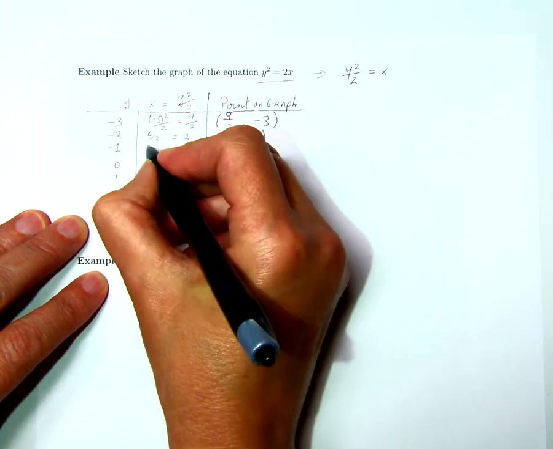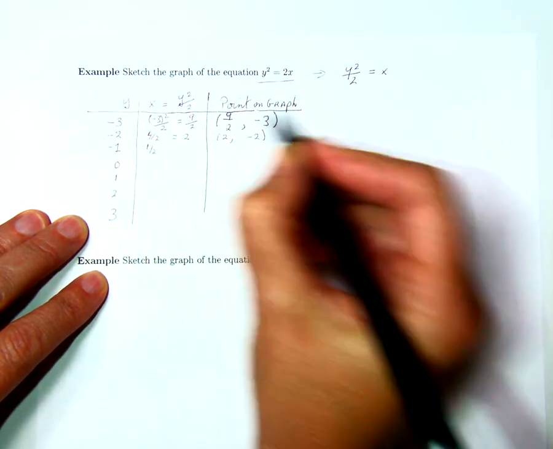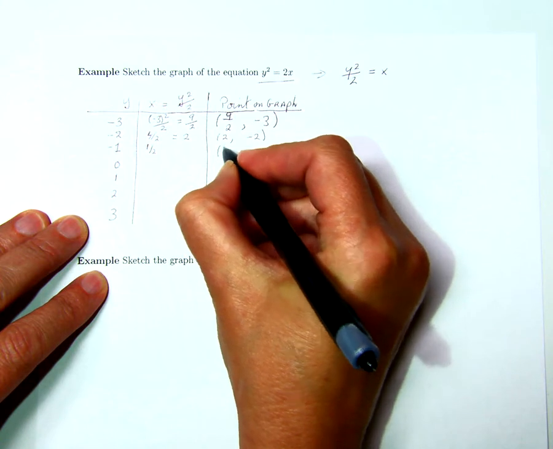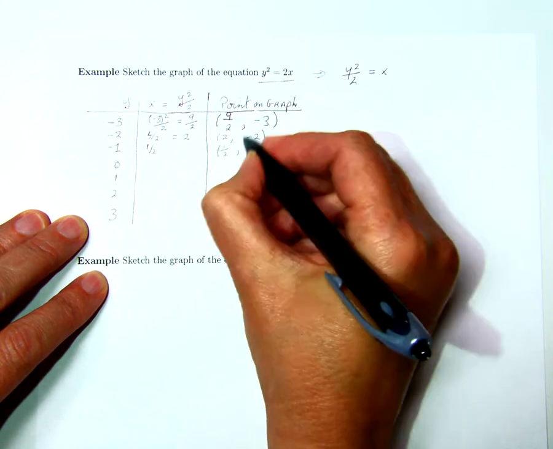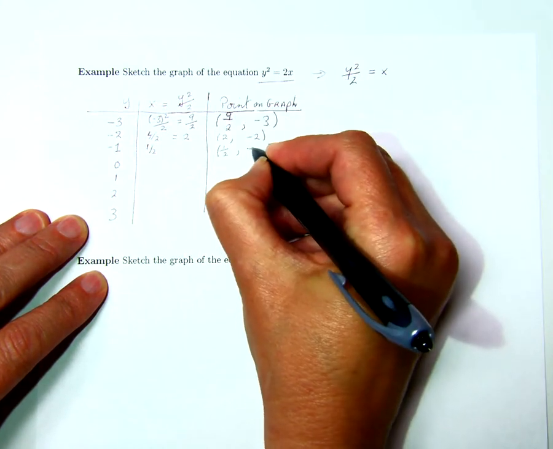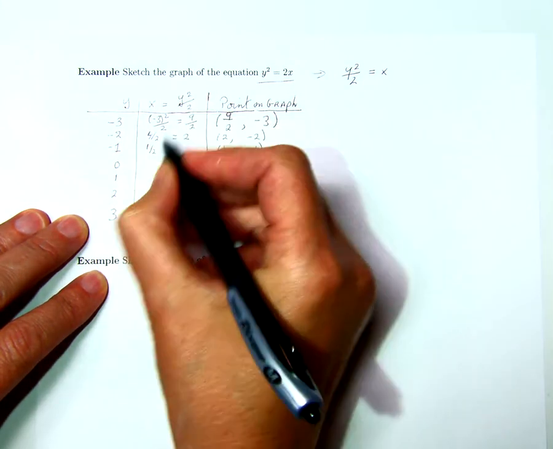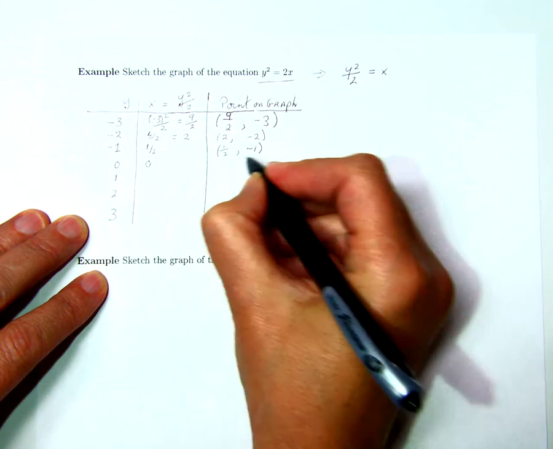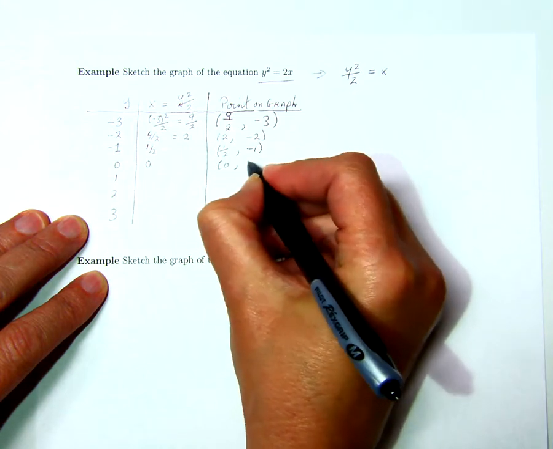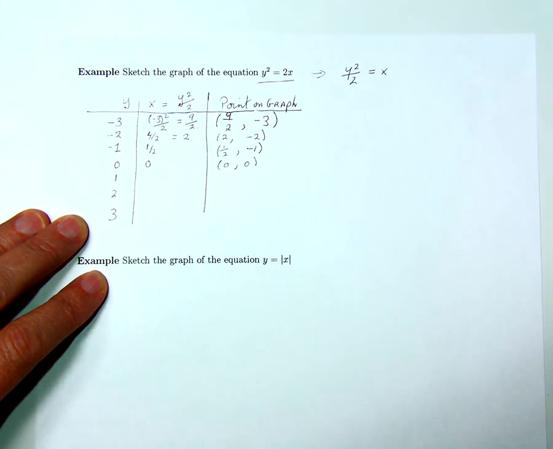That x is 1 over 2. And so the corresponding point on the graph is (1/2, -1). When y is 0, x has to be 0, and therefore the origin (0, 0) is on the graph.